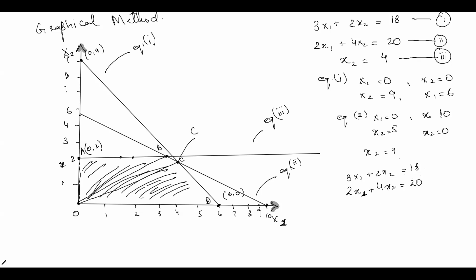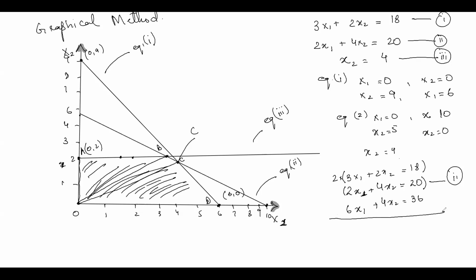So what I can do is multiply the first one by 2. Keep equation number 2 as is, and let's multiply equation number 1 by 2. So we will get 6x1 plus 4x2 equals 36. Once we multiply by 2, we have to multiply everything.